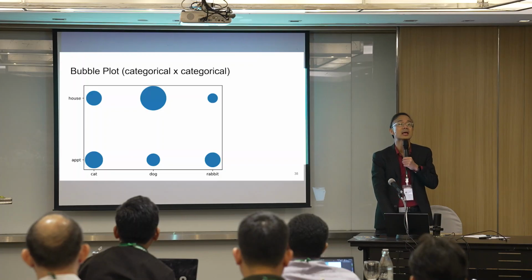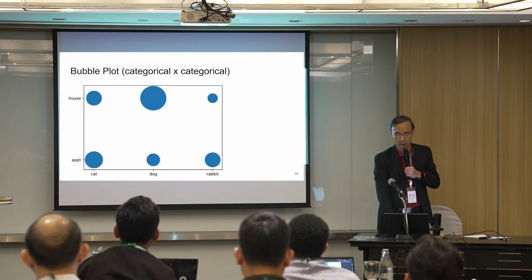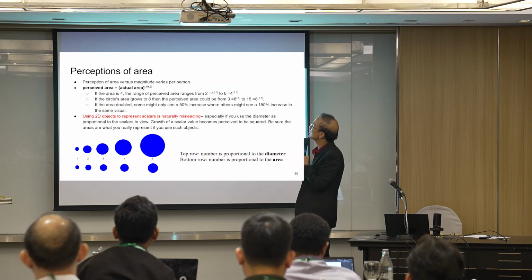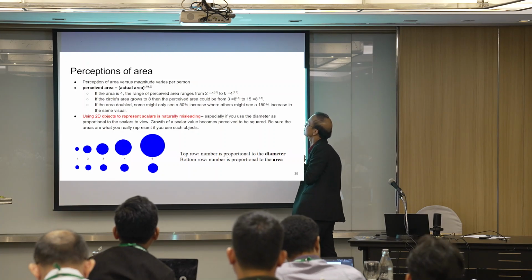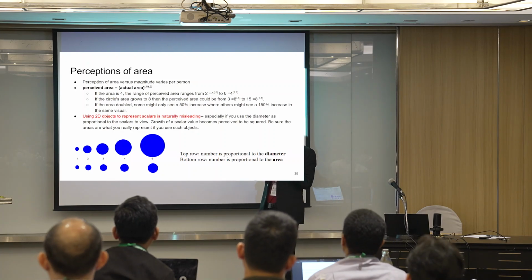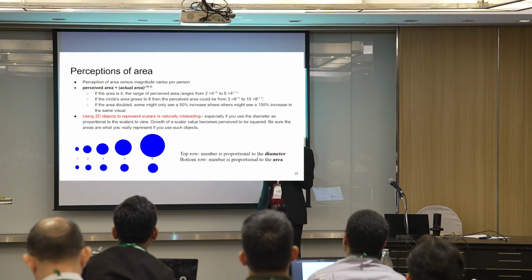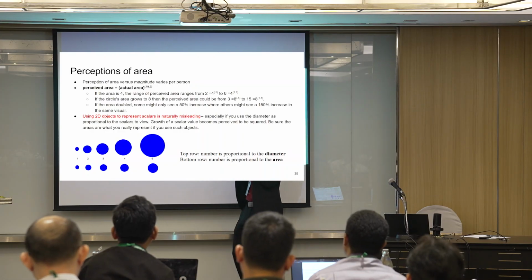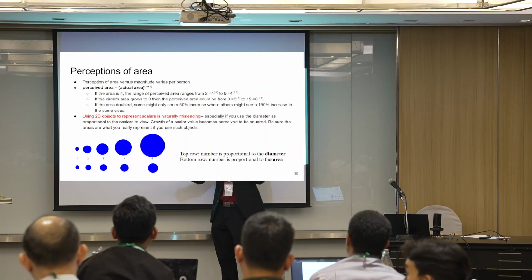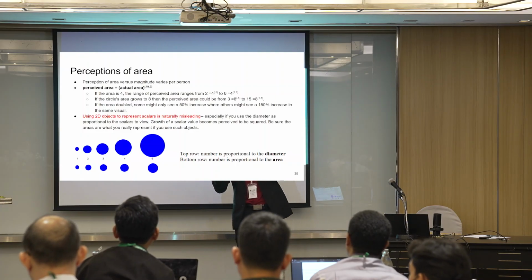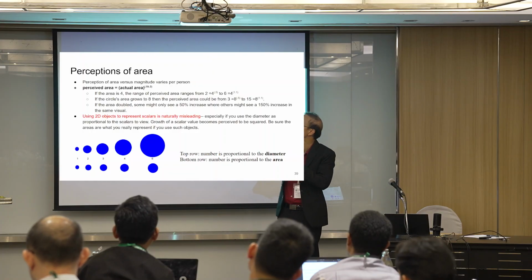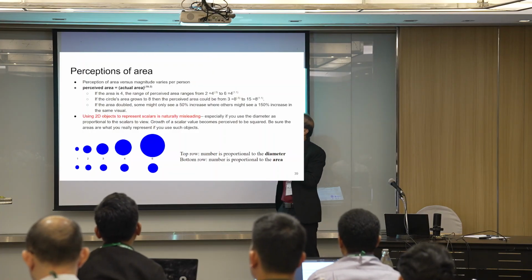Bubble plot, I think we have seen this before, to represent the area. But of course, when we use the area to represent the number, sometimes it is not that easy. It is quite similar to when we use a pie chart. When we present the number using the area, sometimes it is not easy to quantify exactly what the value of this area is, right?